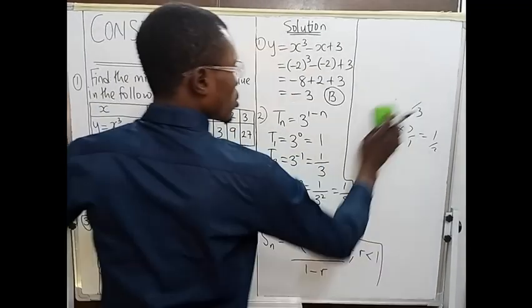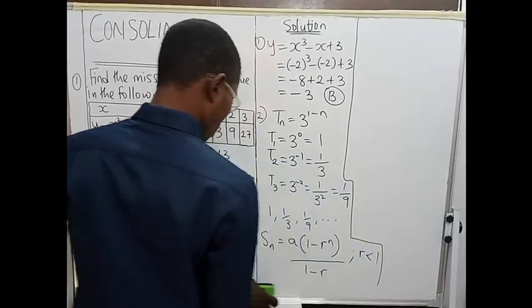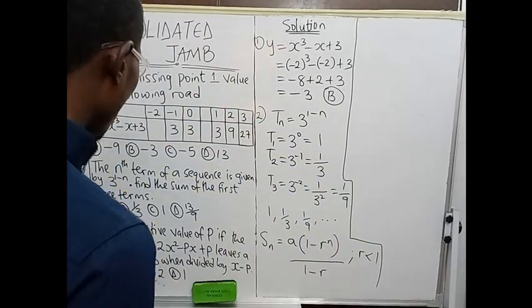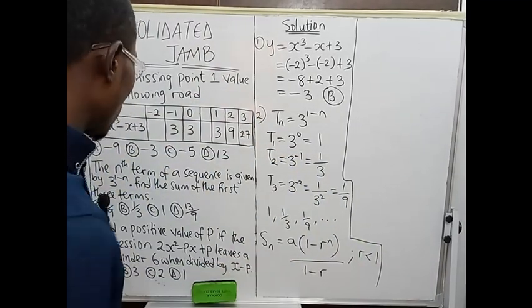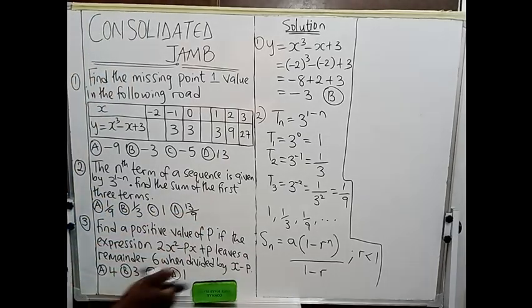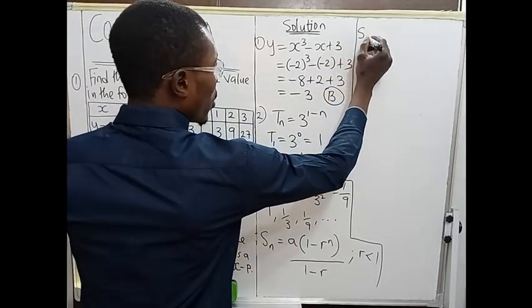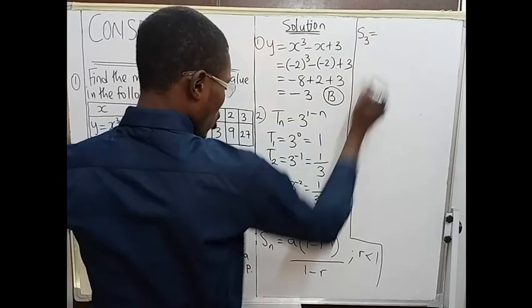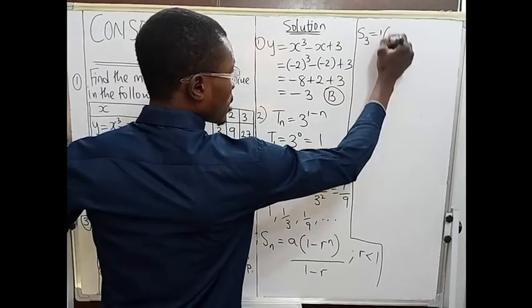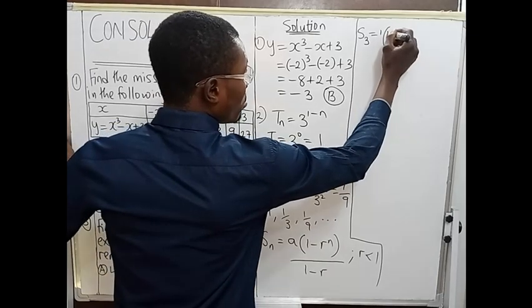So the sum of n terms is given by this. Now I have to find the sum of the first 3 terms, that is S3. When n is 3, S3 will be equal to a, which is 1, times 1 minus r.